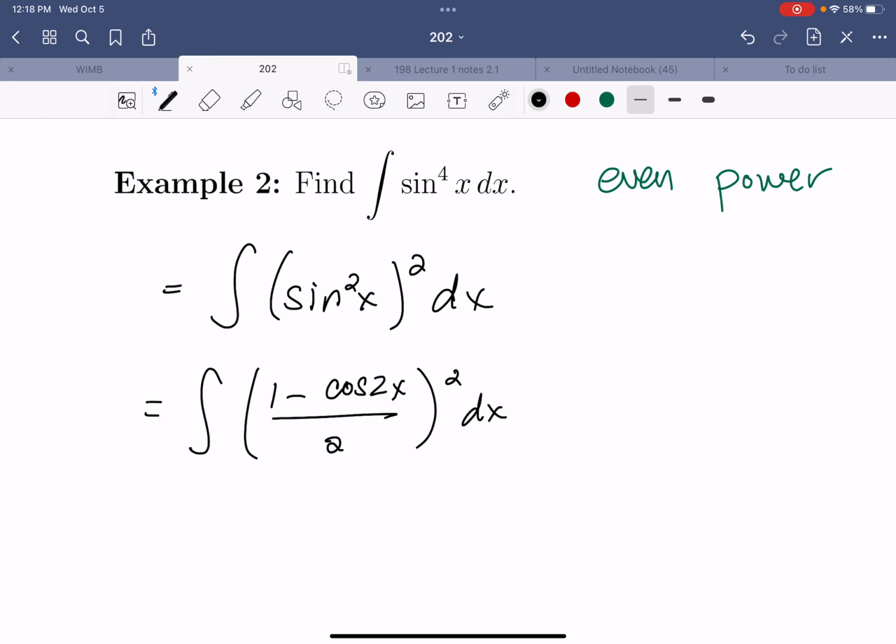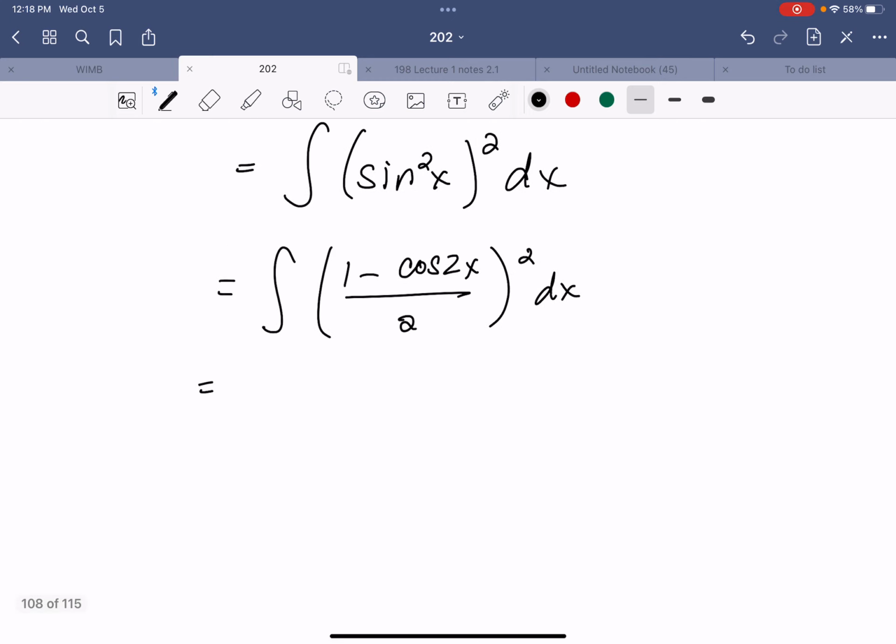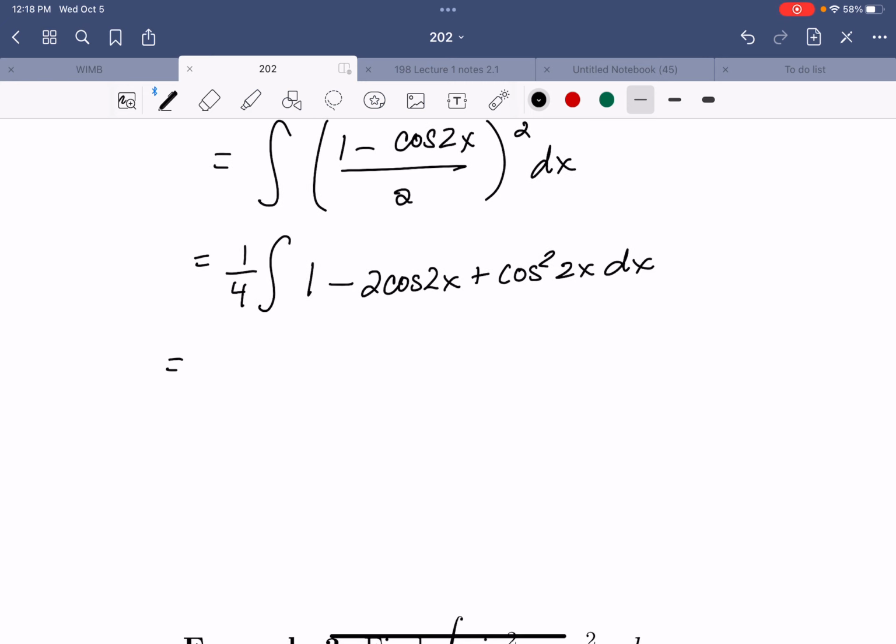Okay. When I do that, squaring the 1/2 that's on the bottom brings a 1/4 out front. And then I'm squaring 1 minus cosine 2x, and that gives me 1 minus 2 cosine 2x plus cosine squared 2x dx. Okay. Now I'm going to split this one up because I know some of these.